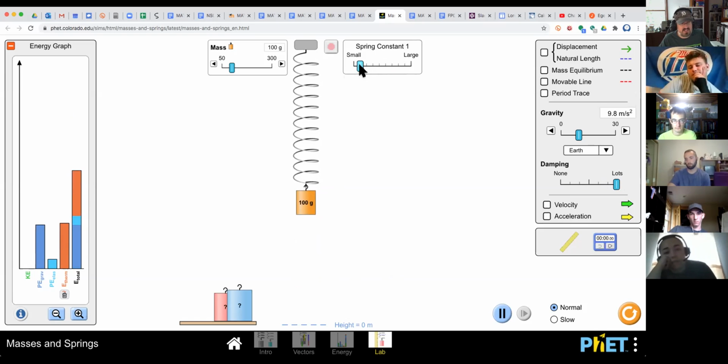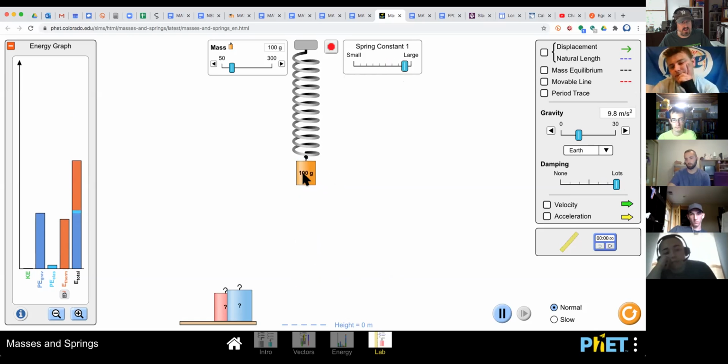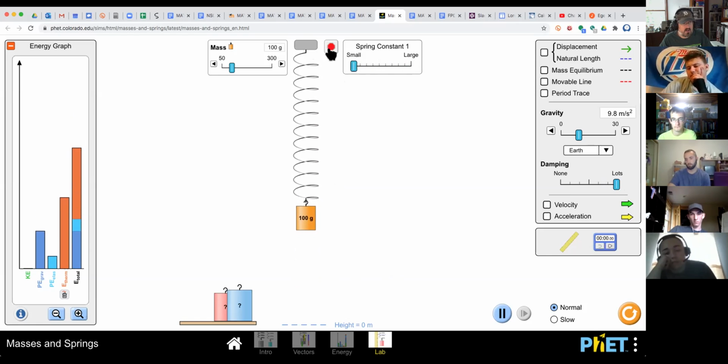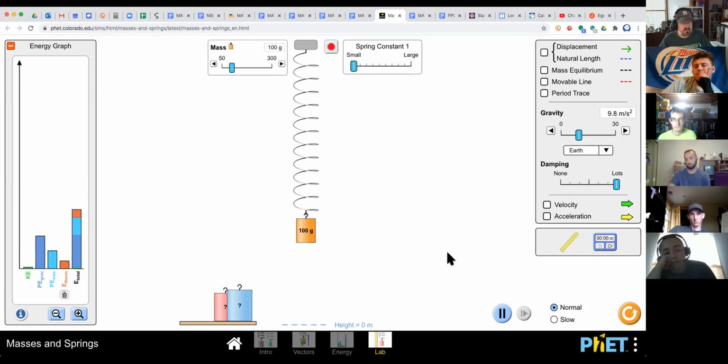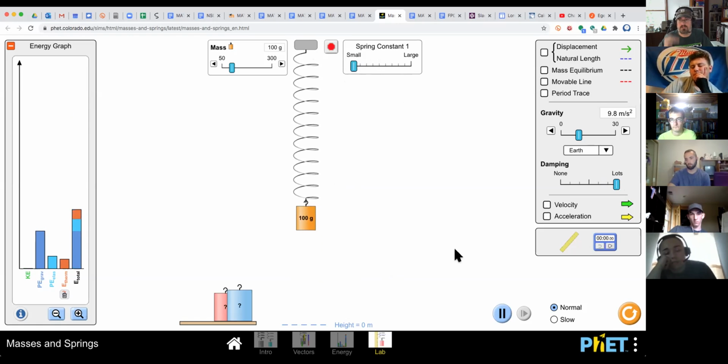And with a big damping and a large spring constant, I can still get it to wiggle a little bit, but with a really small spring constant and high damping, it practically just heads back to equilibrium. That's what we would call pretty close to critical damping right there.